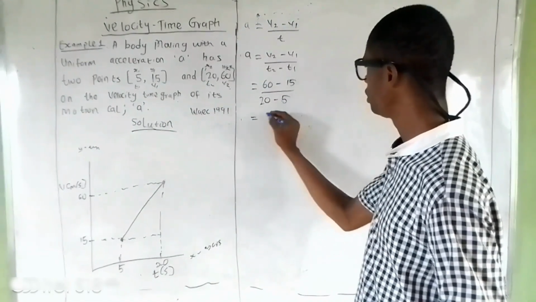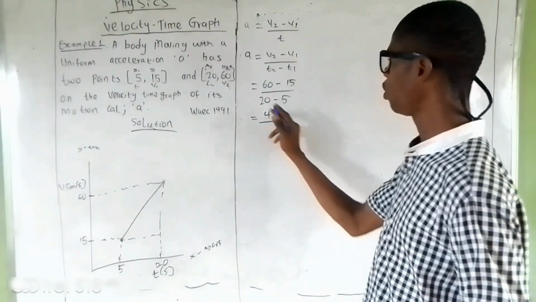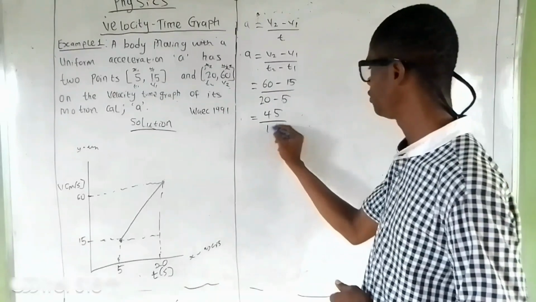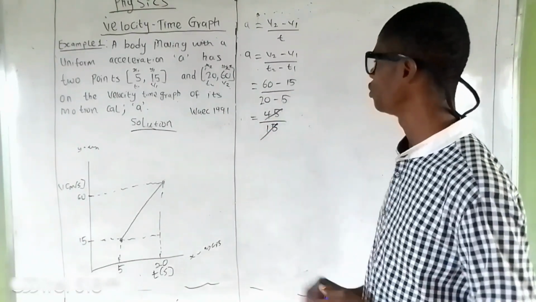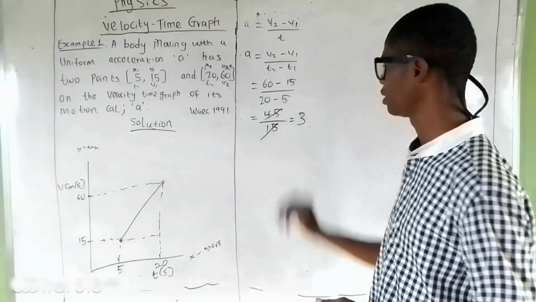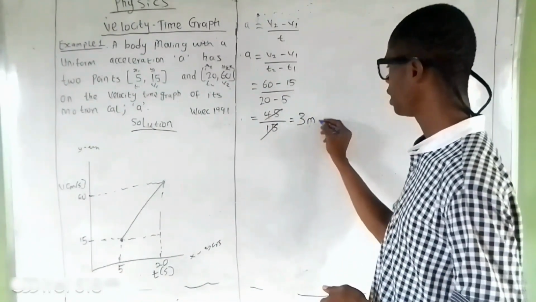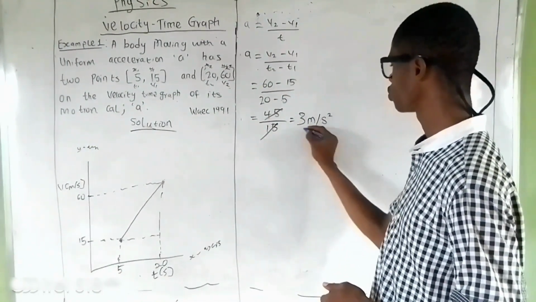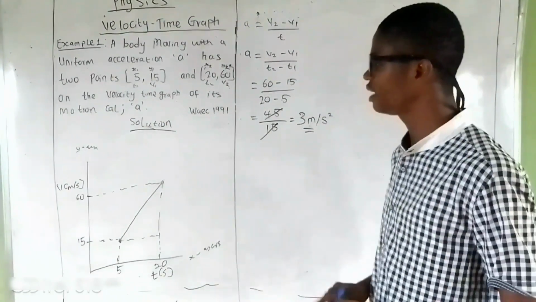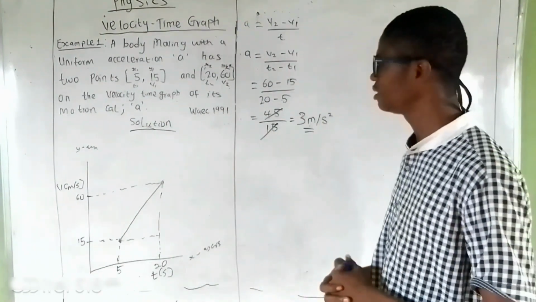So we have 45 all over 15. Dividing both of them, we have 3. And as it is acceleration, it will be in meter per second square. So this is very, very easy for the WAEC 1991.